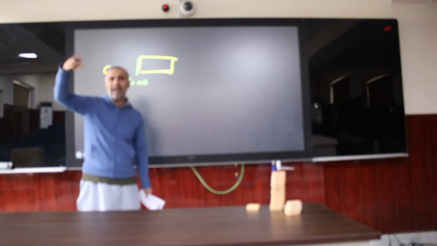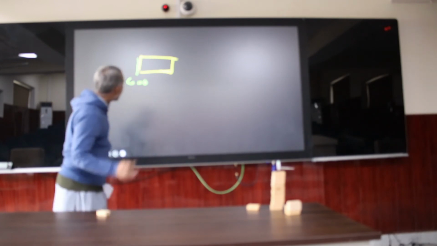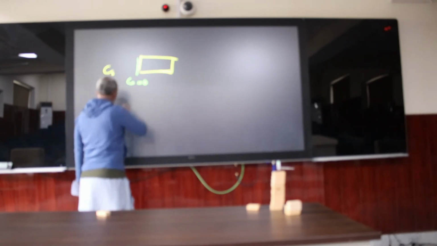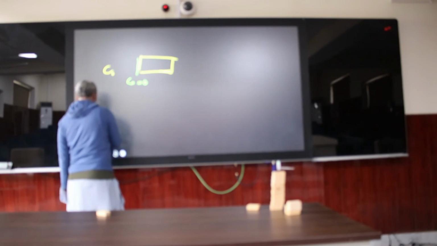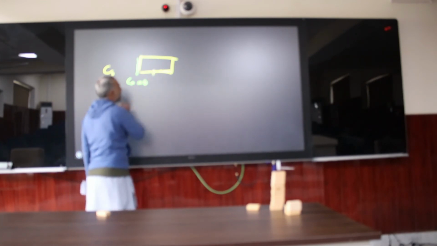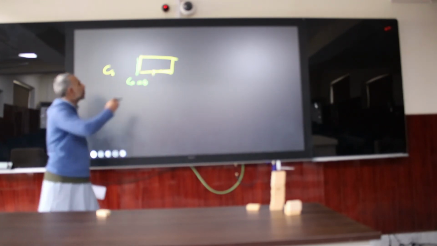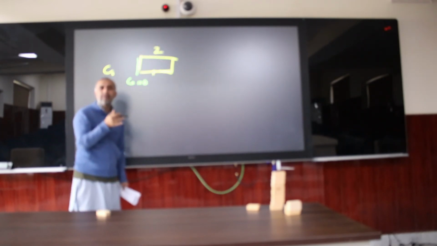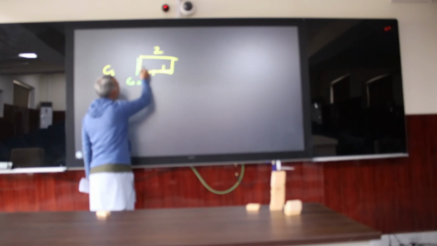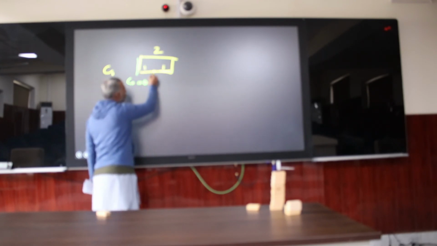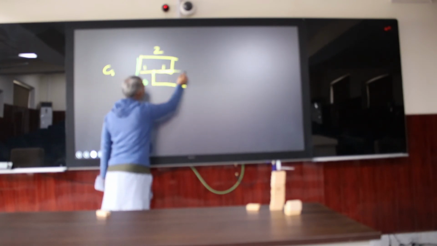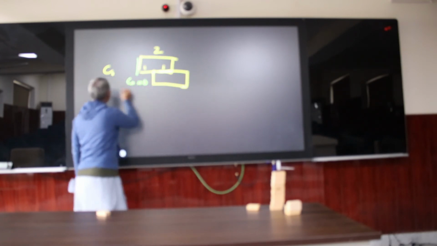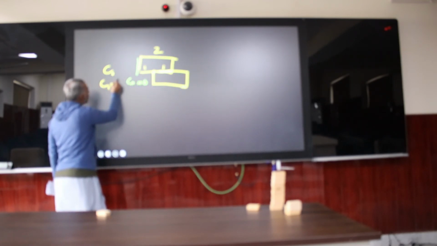But if you consider the middle of it, suppose the length is 2, then at the middle it becomes 1, because both sides are 1. So at this point, C1 is equivalent to 1.